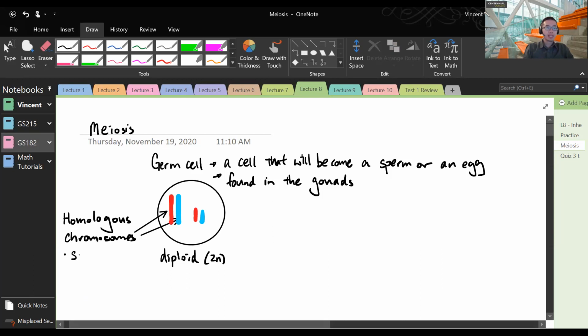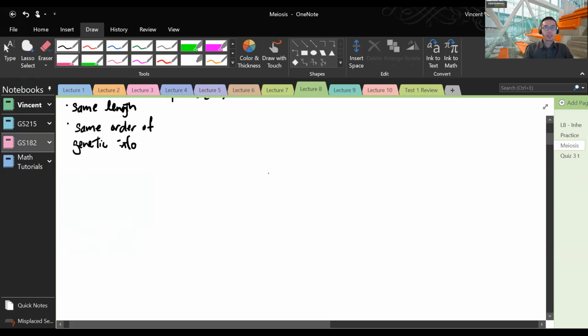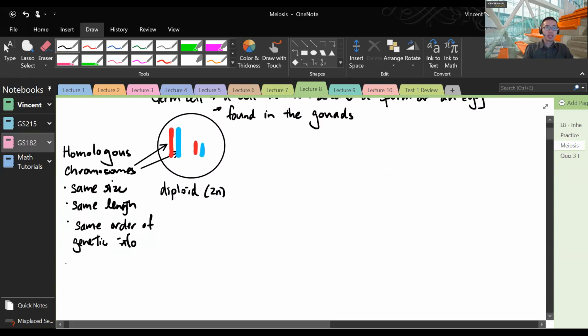Okay, so same size, same length, same order of genetic information. And again, important to know that we inherit 1 from each parent.